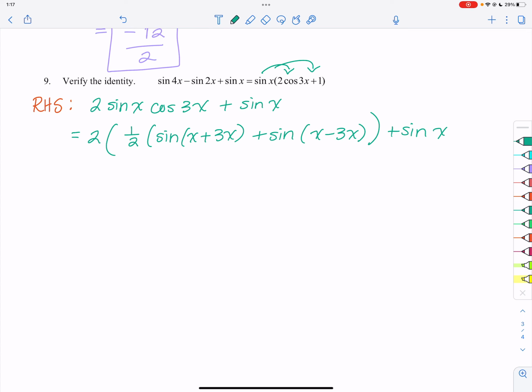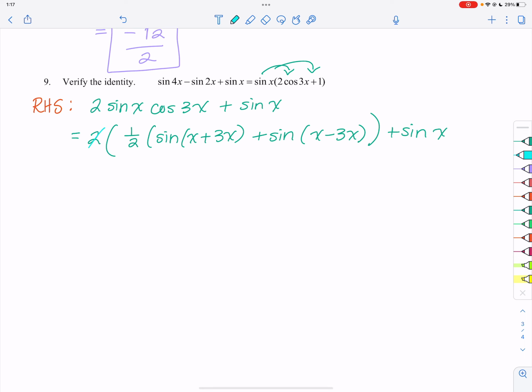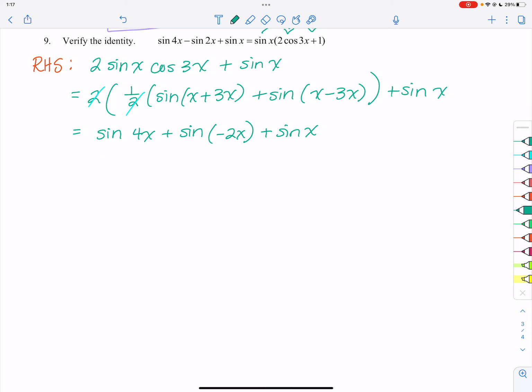Okay, so this 2 and this 1/2 cancel, and we have the sine of 4x plus the sine of negative 2x plus the sine of x.